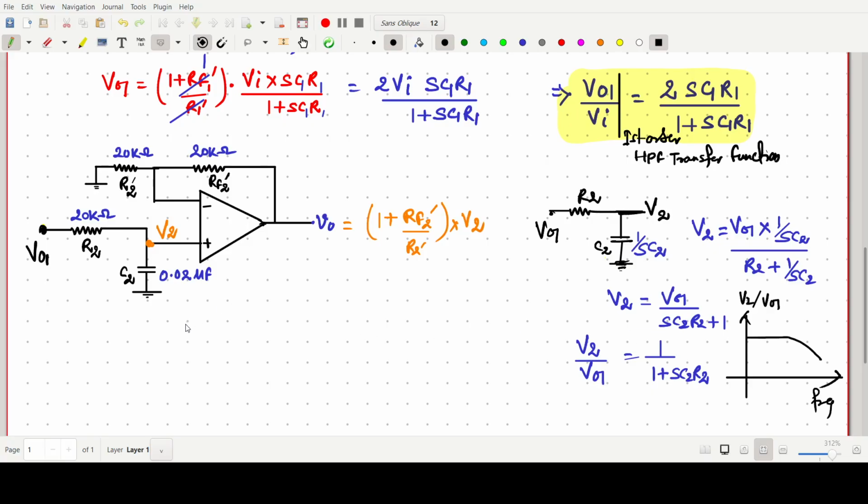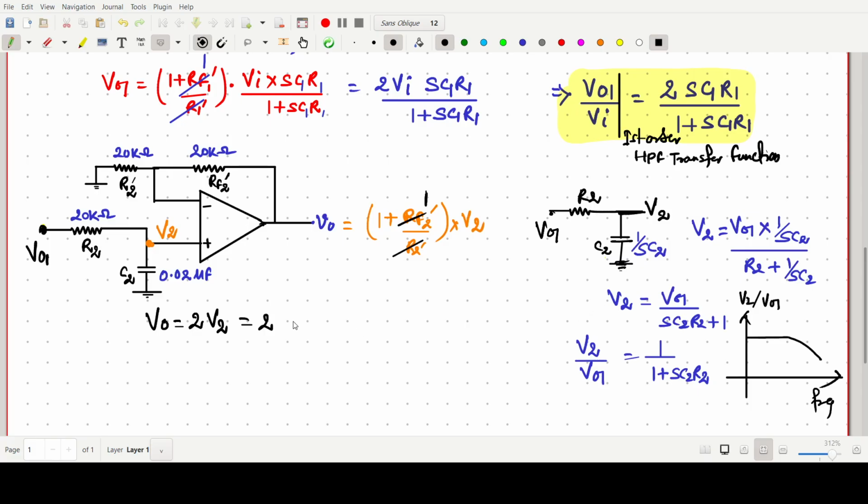So directly we can write V naught equals 1 plus RF2 dash and R2 dash, both having the same value. So this should be cancelled out, 1 plus 1, this one is nothing but simply twice V2. Yes or no? Twice V2, because these both are the same, RF2 dash and R2 dash. Now V2 we can write from this one.